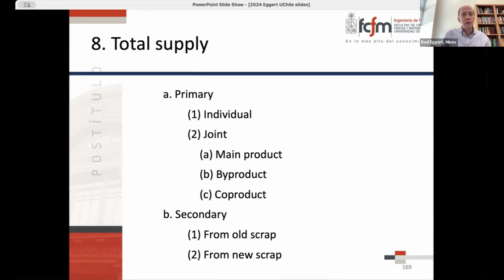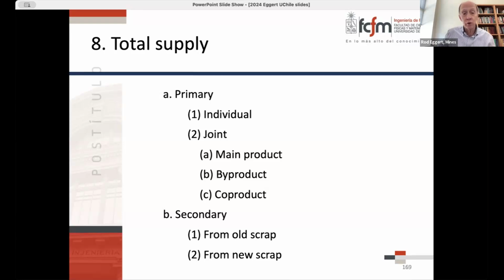So for lead in old scrap, the amount available today is based on the quantity of lead incorporated into batteries 4 or 5 years ago.